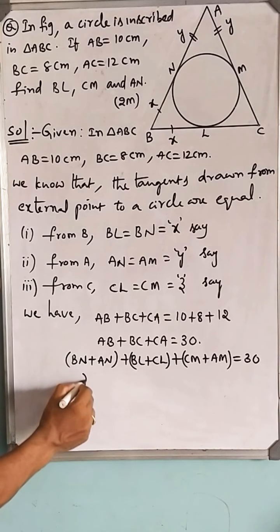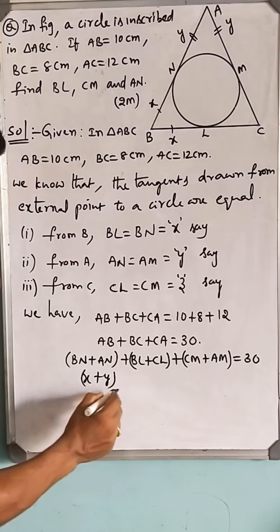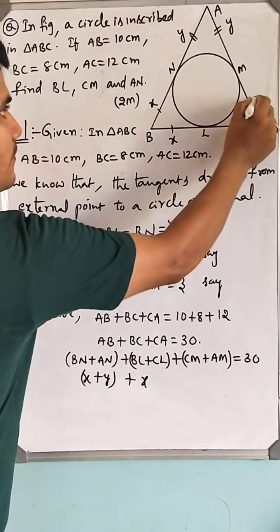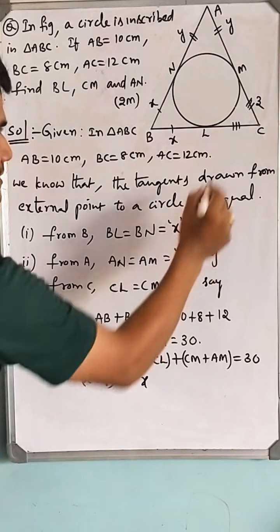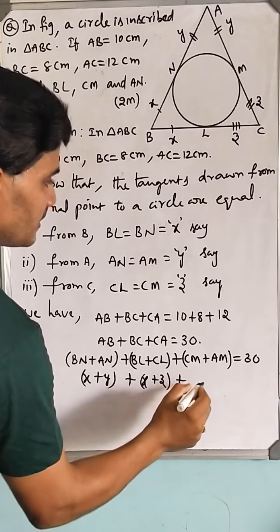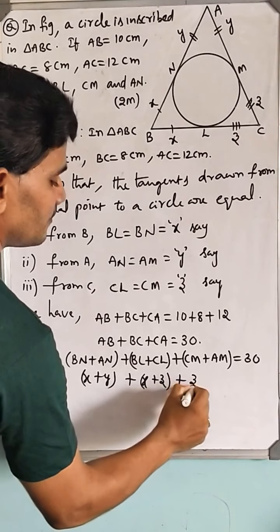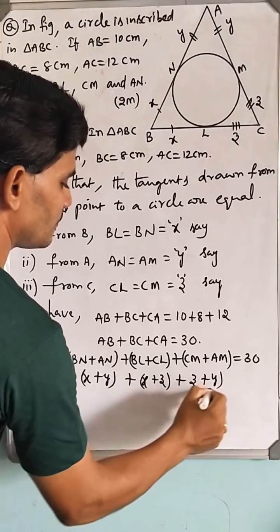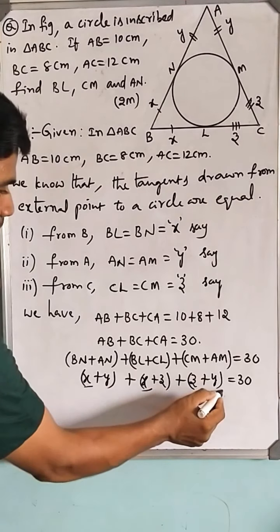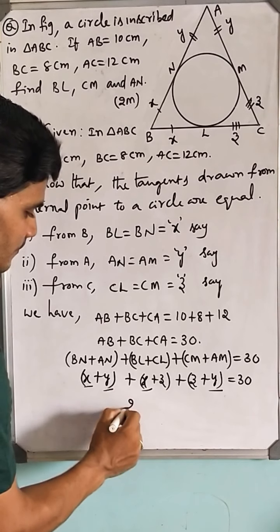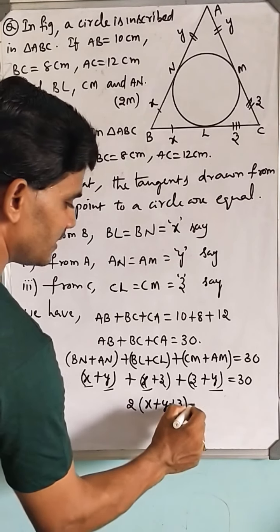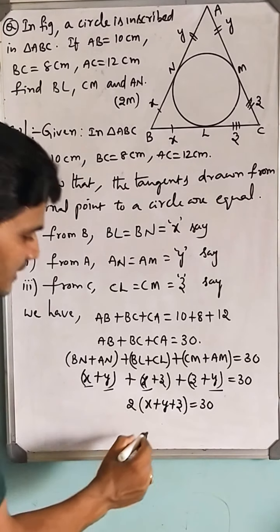BN plus AN, x plus y, this is x plus, these two equal as some z, x plus z, this is CM plus AM, z plus y, that is 2x plus 2y plus 2z, 2 times x plus y plus z is equal to 30.